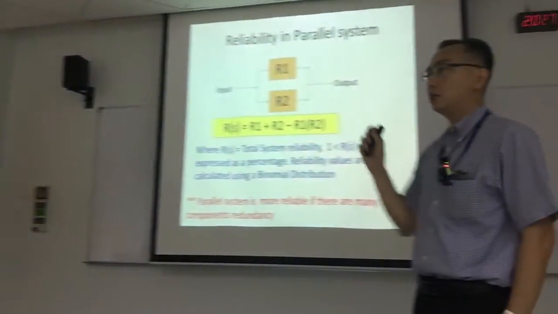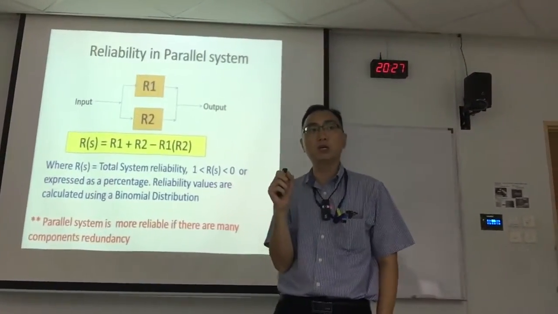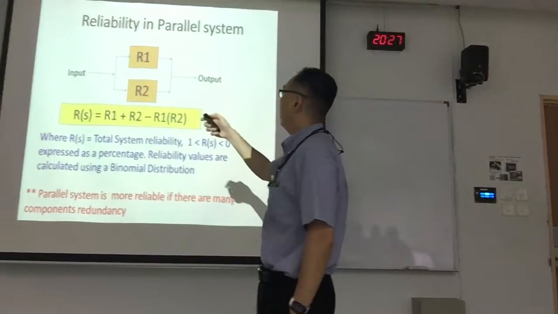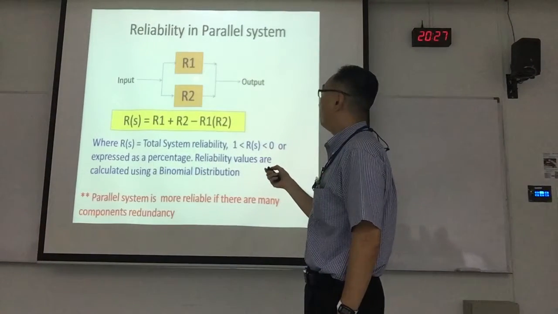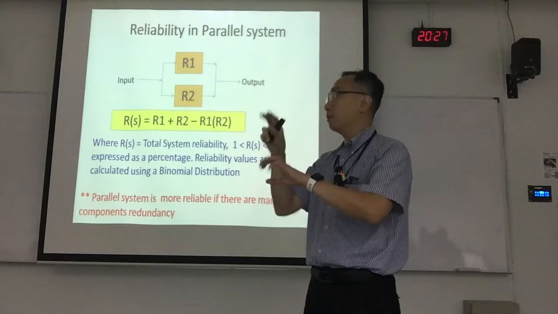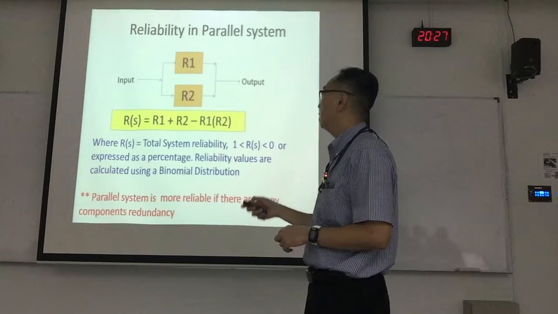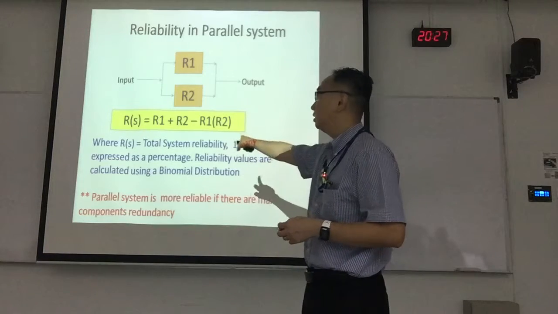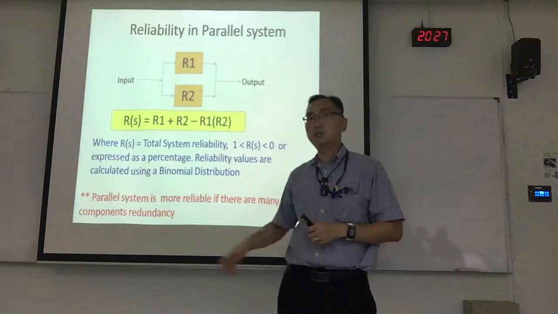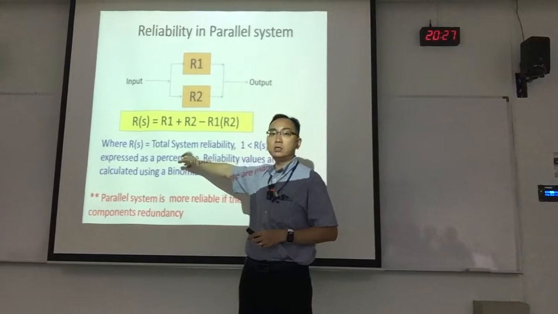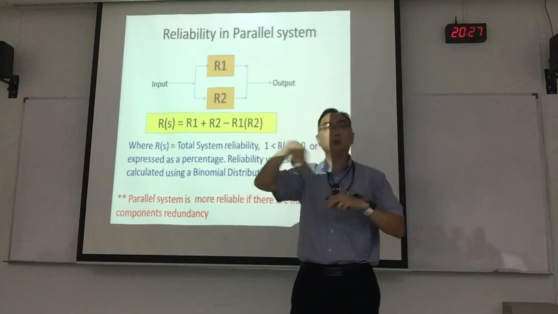That means there's a fixed formula you must remember. Let's say you have 2 components in parallel. This is the formula that you will apply to get RS, the total system reliability combined, the whole thing.